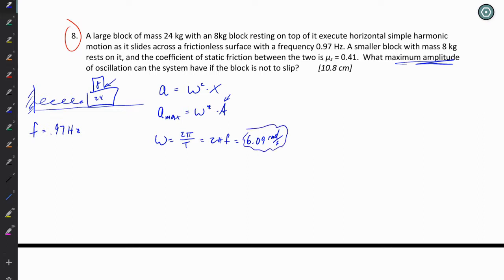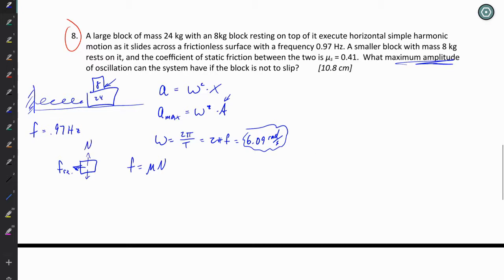Now, the maximum acceleration. Well, let's think about forces. The only force acting on the 8 kilogram block horizontally is going to be friction. And friction equals mu times the normal force. Now, there's no exotic forces on this vertically.